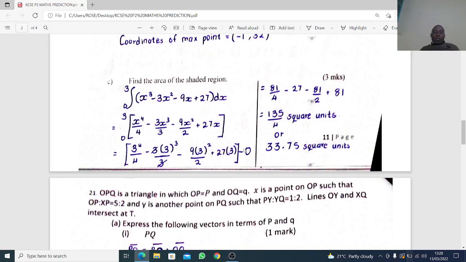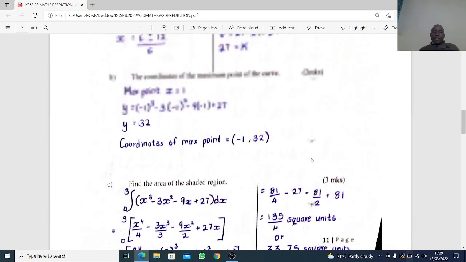If you use your calculator, this is 81 over 4 minus 27, minus 81 over 2, plus 81. This gives you 135 over 4 square units, or in simple terms 33.75 square units. So that is how you find the area of that shaded part.